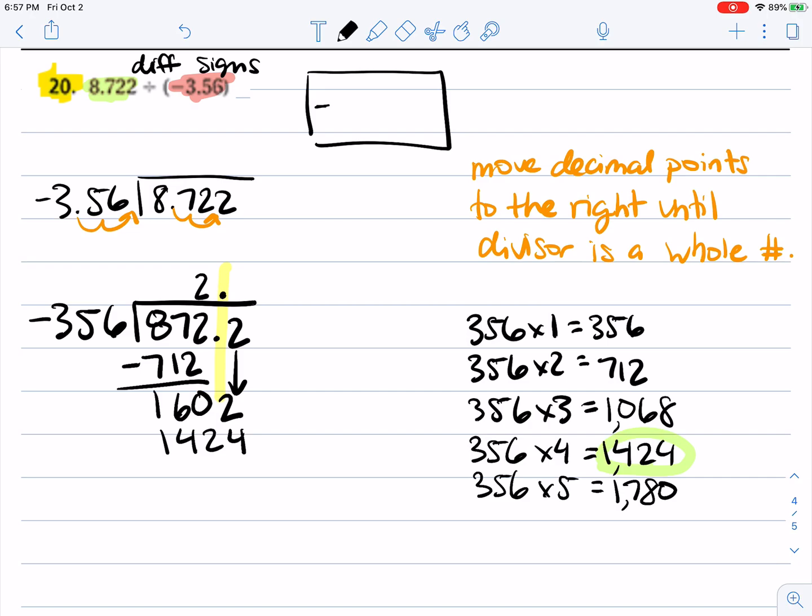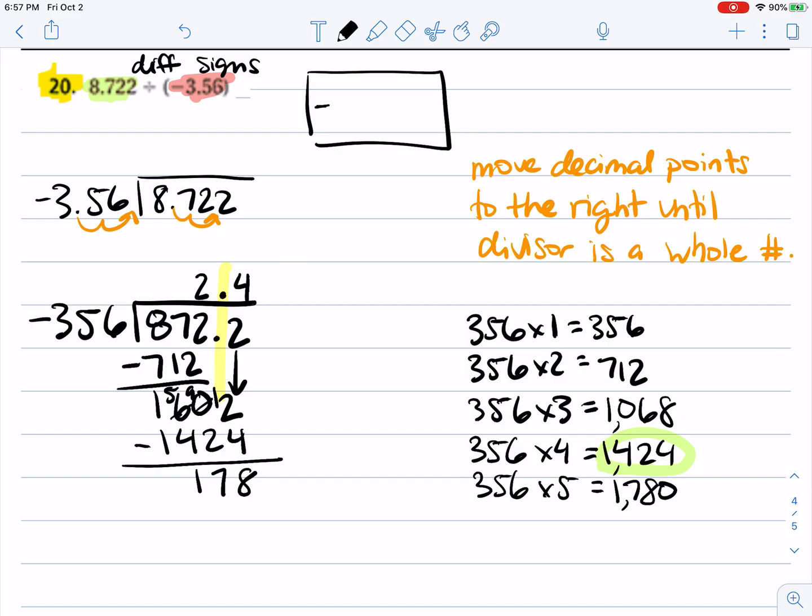So right above that, I'm going to put 4. Now I subtract. Okay, so this is 5. This is going to be 9. This is 12. So this is 8, 7, 1.